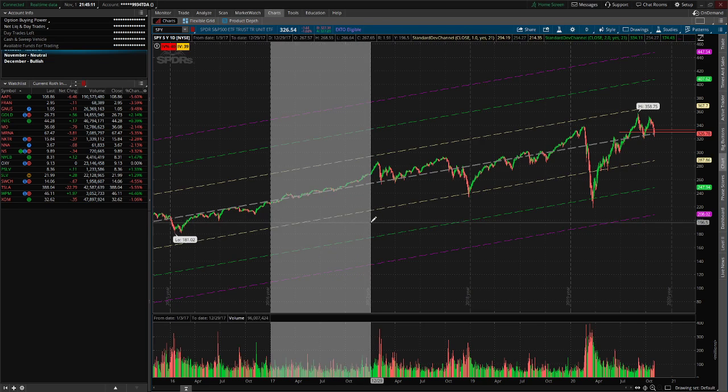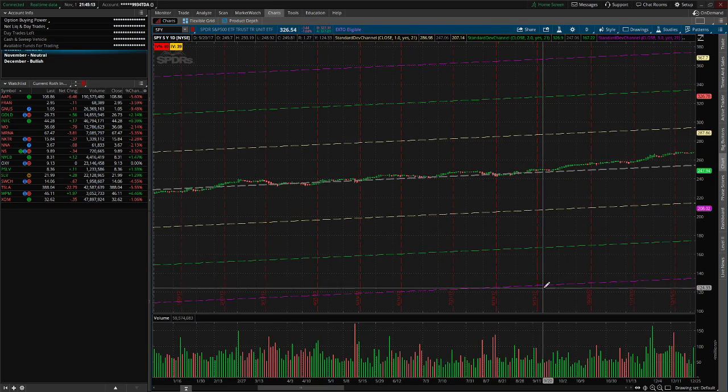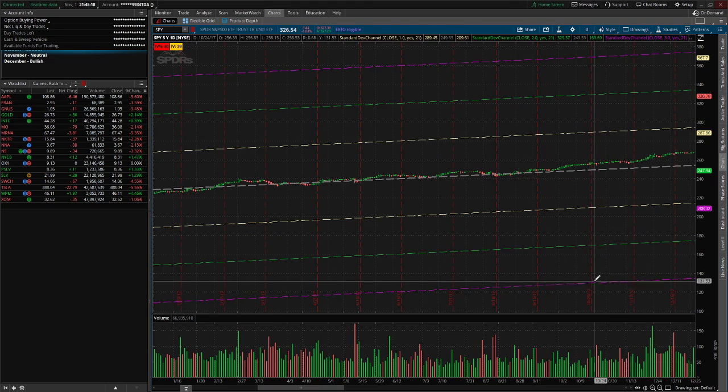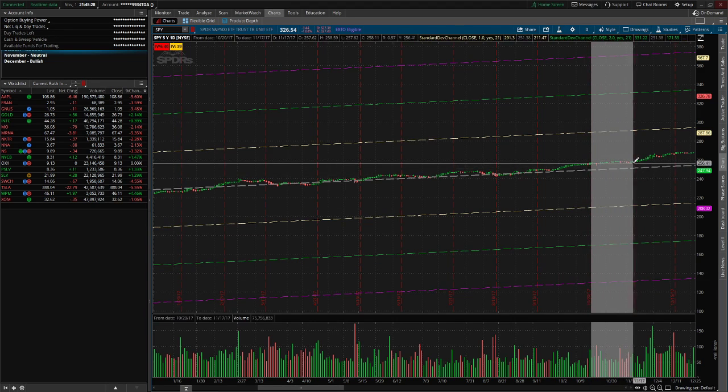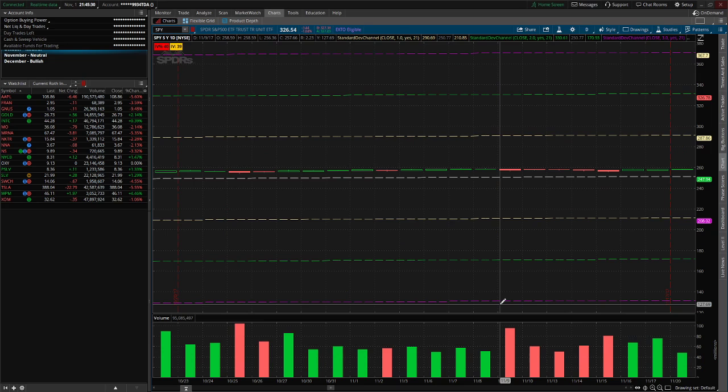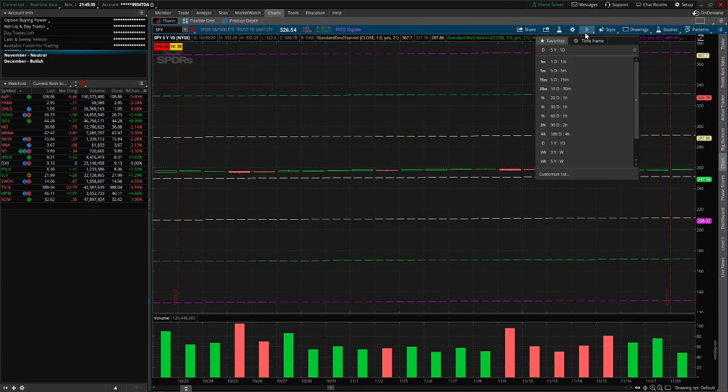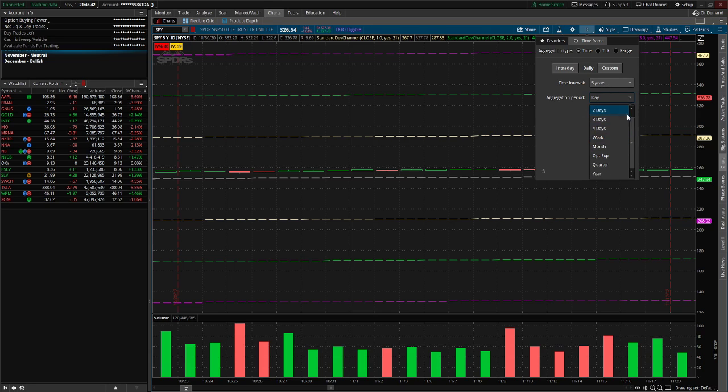I think this is 2016. It's really hard to say, to be honest. This is the week right here, the election week. It's hard to see, right? I try to do daily charts here. I can't go to hourlies, unfortunately, so I can't tell you.